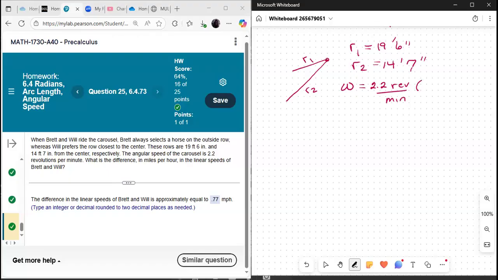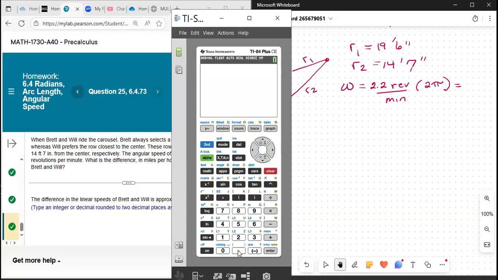Since one revolution is 2 pi radians, we multiply by 2 pi, and then we can get radians per minute. 2.2 times 2 pi is equal to 13.823.